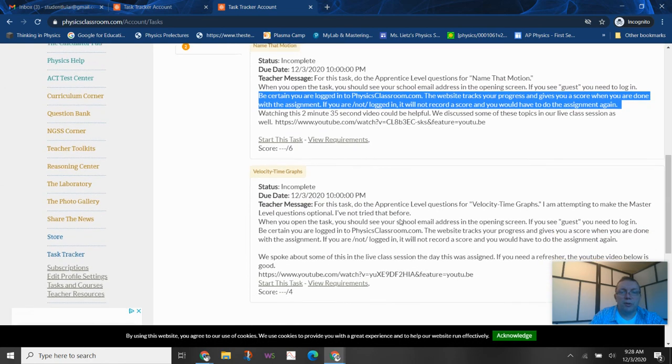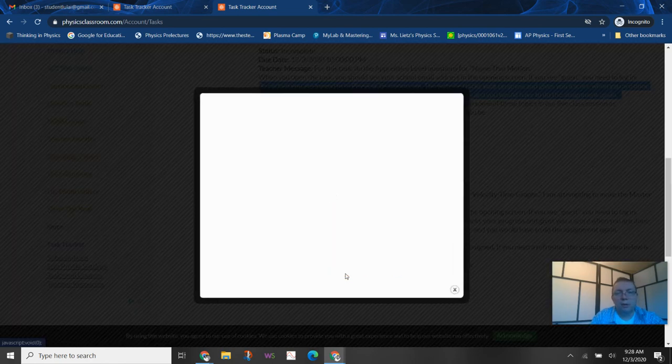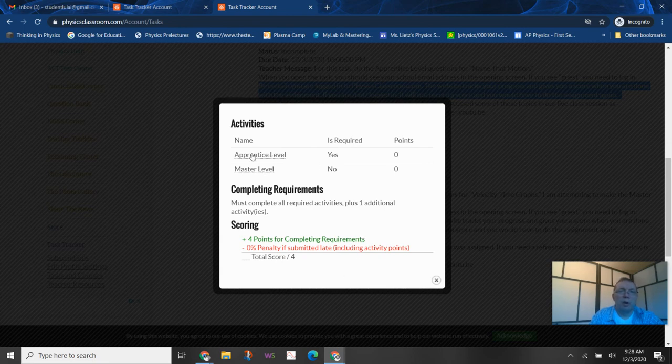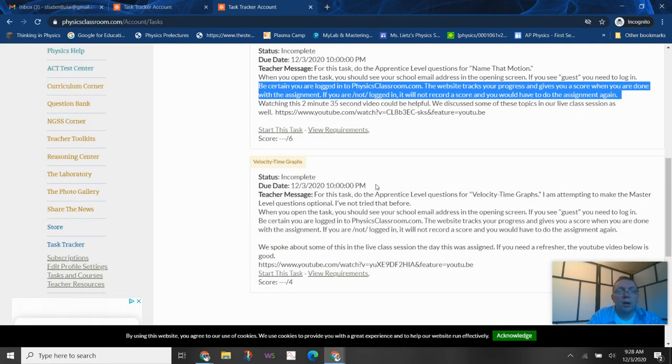If you go to view requirements for this next task, apprentice level is required. Master level, yes. So they did apprentice, master, wizard, and I'm just asking you to do the apprentice level. You can take a look at the master level stuff if you want.